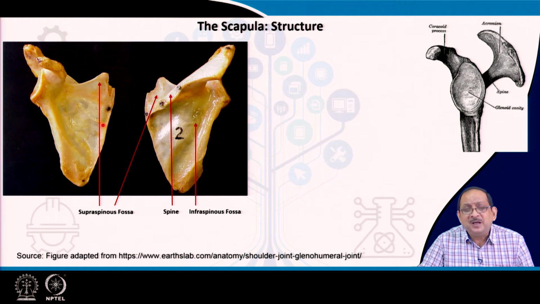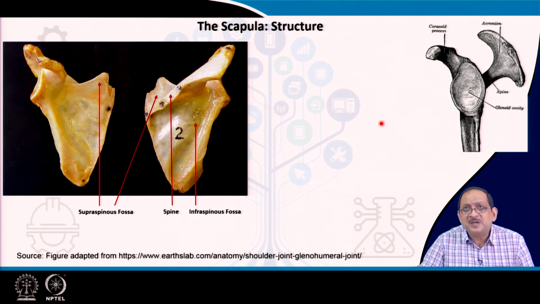However, it is also formed by thin laminated structures which are called fossa. So, you have a supraspinous fossa, which is located above the scapular spine, and an infraspinous fossa, which is located lower to the scapular spine.